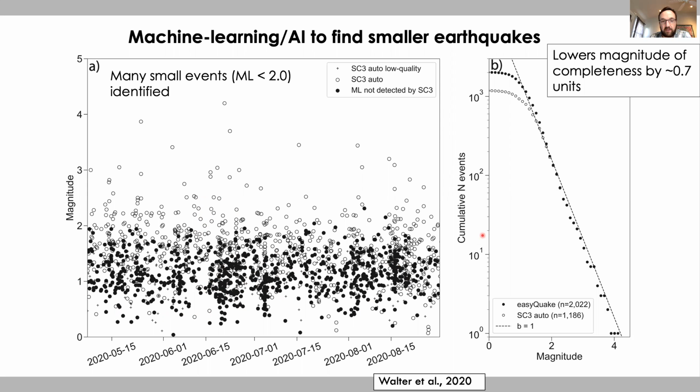And you can see from this Gutenberg-Richter plot that we improve the catalog completeness by something on the order of 0.7 magnitude units by augmenting our routine operations with easyQuake.